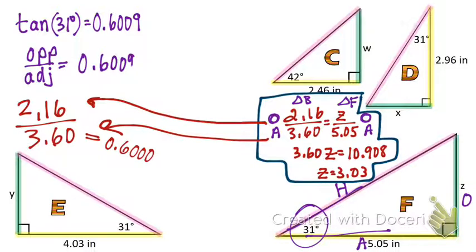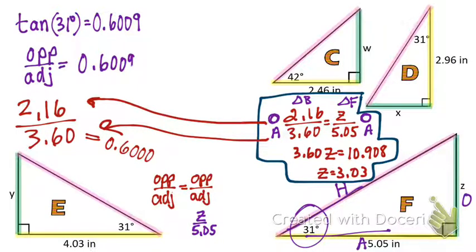We would know that the opposite over adjacent in every single 31-degree right triangle is going to equal the opposite over the adjacent in every other 31-degree right triangle. In the one that we're working with, the opposite side is Z and the adjacent side is 5.05.